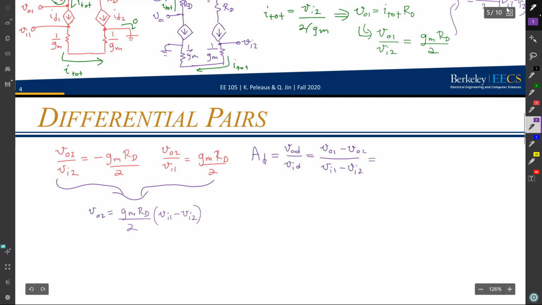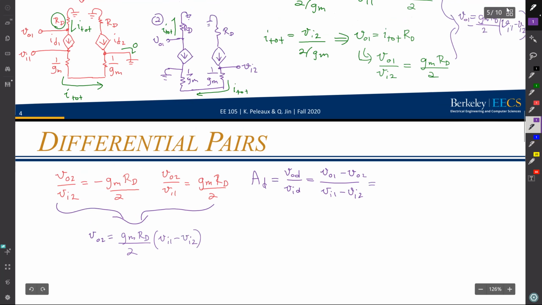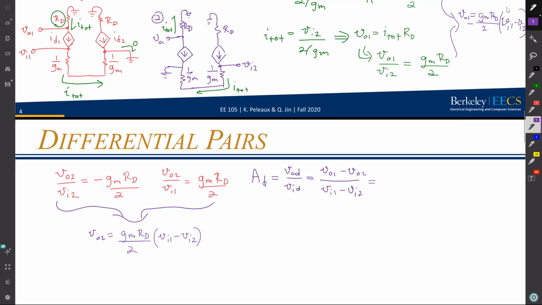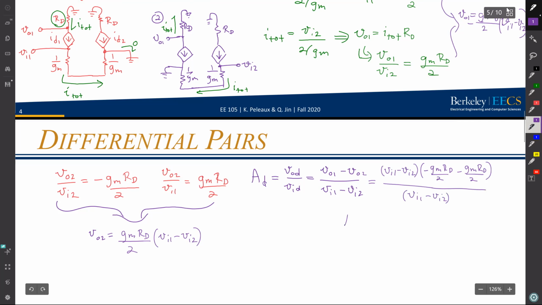So then if we take those two expressions for VO1 and VO2 and plug them into our gain expression, we get the common term of VI1 minus VI2 times negative GM RD over 2 minus GM RD over 2. So that's VO1 minus VO2, and then remember we're dividing by VI1 minus VI2. And so we can cancel out those two terms and say that our total differential gain is just going to be negative GM times RD.